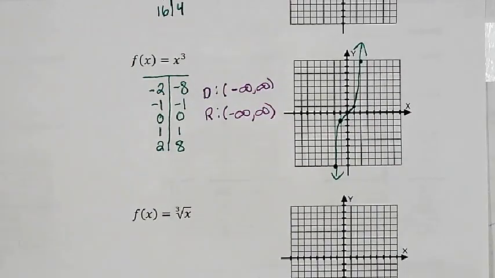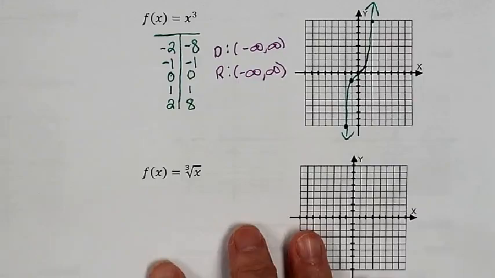For this one, the domain and range is negative infinity to infinity for both of them. Remember, infinity uses the parentheses, not the bracket.